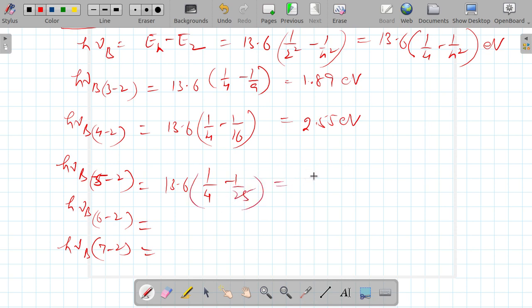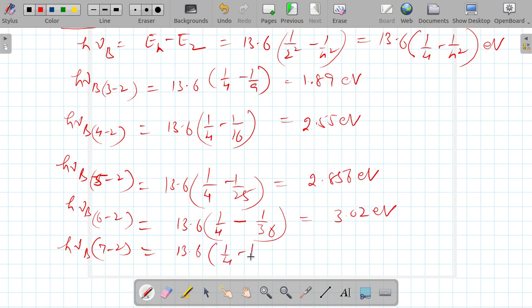It is equal to 2.856 electron volt, and here it is 13.6 by 4 minus 1 over 36, nearly equal to 3.02 electron volt, and here it is 13.6 by 4 minus 1 by 49, nearly equal to 3.12 electron volts. So these are the 5 colors which we are observing, and all are lying in the visible region.